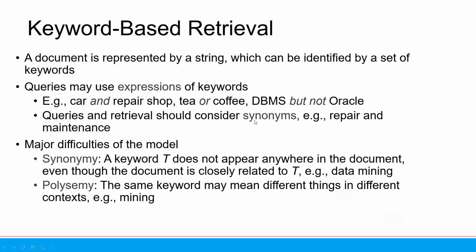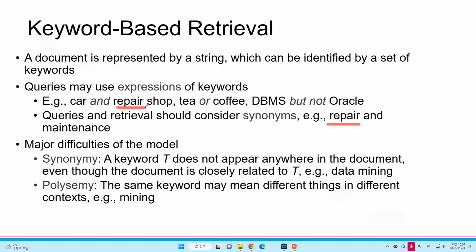So we have the queries, and the retrieval should consider the synonym. Synonym means if I want to check repair, the synonym of repair is maintenance. Then we need to check whether there are keywords of maintenance or not.